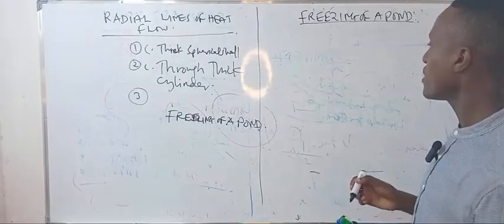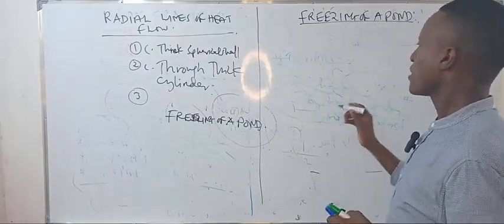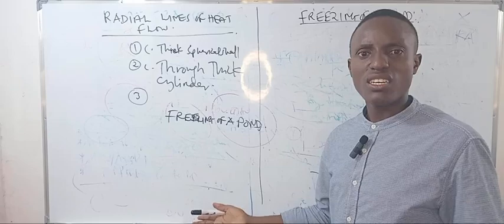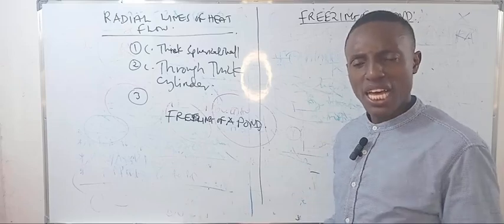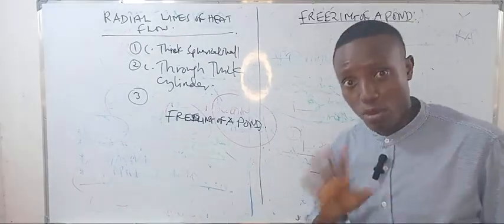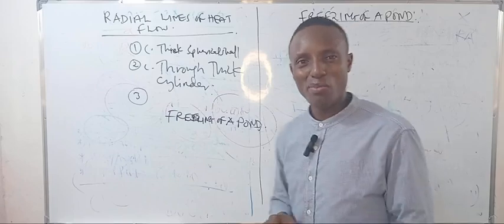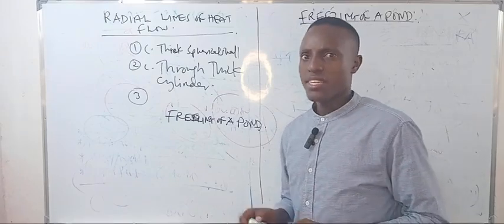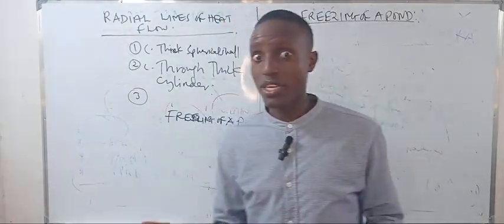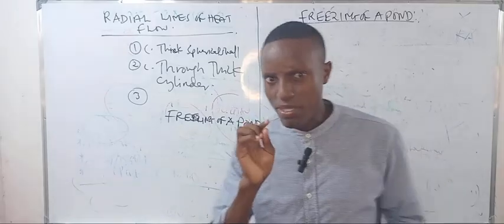A pond is a mass of water displayed in air, so if I speak of the pond, I speak about water. You need to know the properties of water in heat conduction. There is a certain property called the anomalous behavior. I know you know it, but I need to tip something.